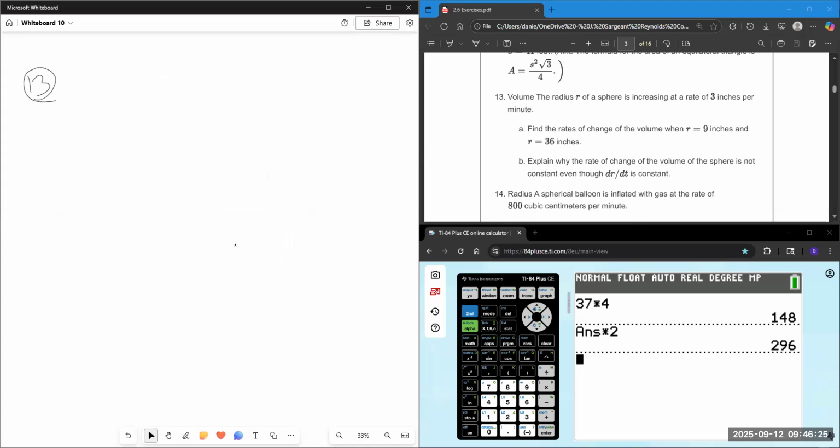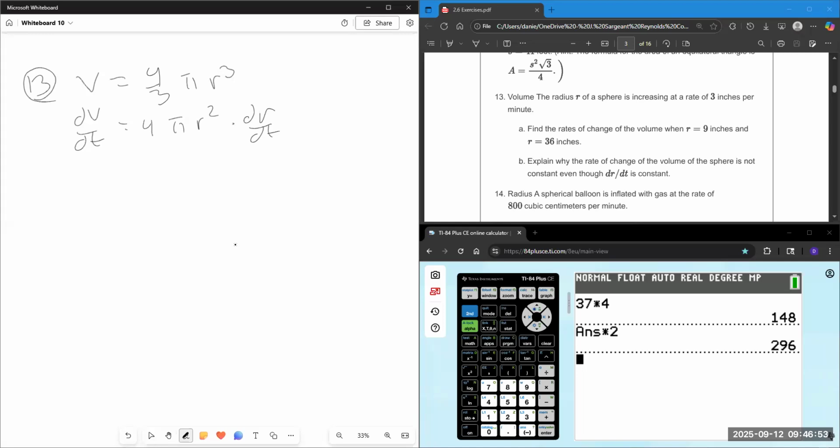Well, they tell us we're talking about volume, so we're talking about the volume of a sphere, which is 4/3 πr cubed, and dV/dt is going to be 4πr squared times dr/dt. This 4πr squared is the equation for the surface area of a sphere, if you ever need it, and you might.